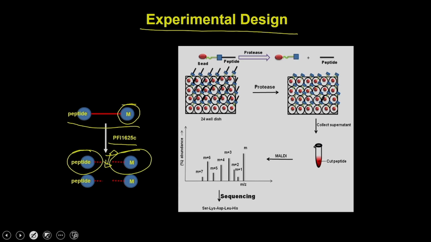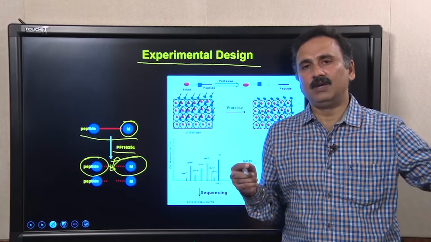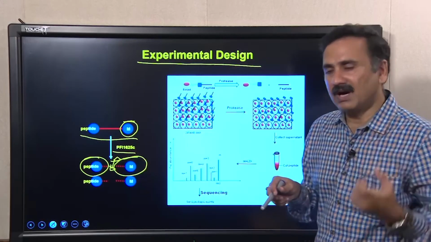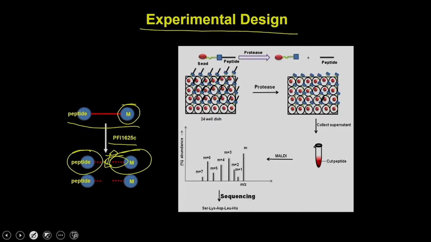So, if you have a complete library of different peptide sequences where one end is bound to the matrix, the other end is free. The free end is going to be washed away into the buffer, whereas the bound form you can recover. If you sequence this bound peptide, you will be able to deduce the protease cutting sites.